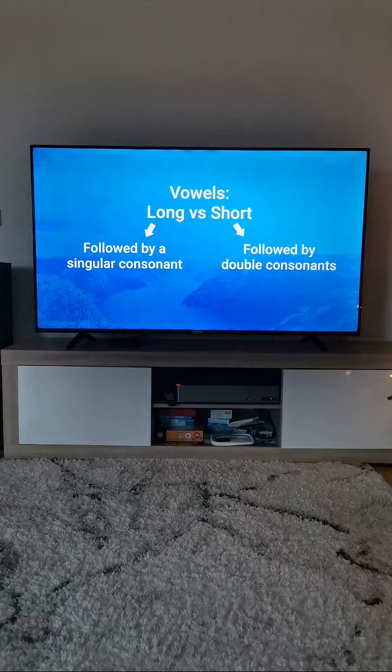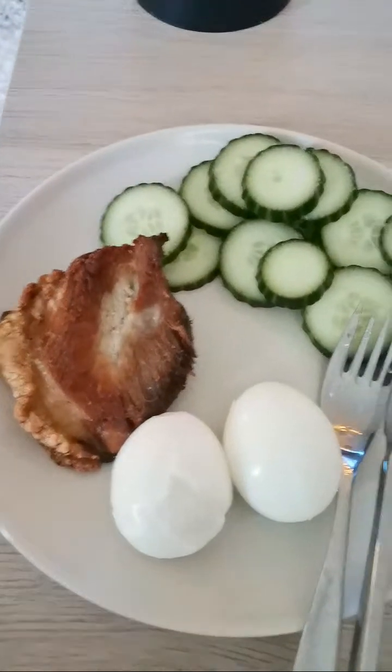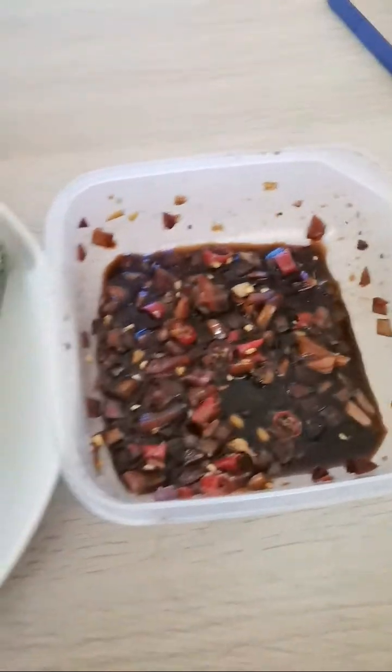In other words, you can often tell what the word sounds like by noticing if it has a singular or double consonant. As we go through the alphabet, I will give examples of these 2 different variations of pronunciations. Over time, this will totally be second nature, and you don't have to think of this consciously at all. But for now, you can use this little rule to help you figure out how certain words are pronounced.